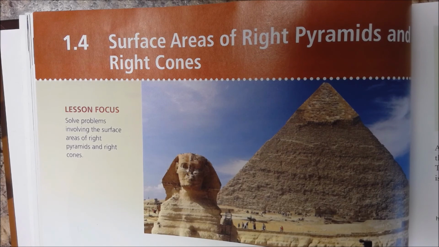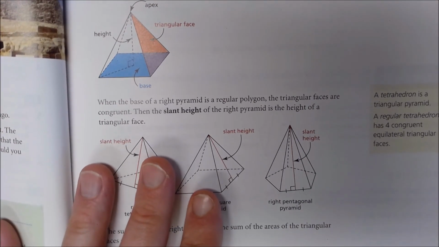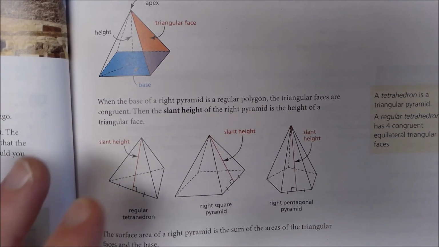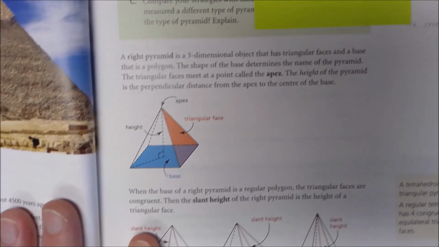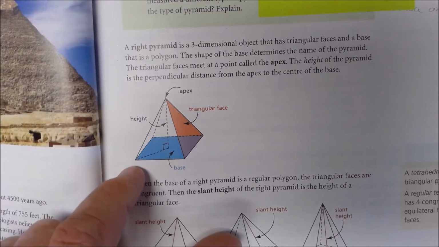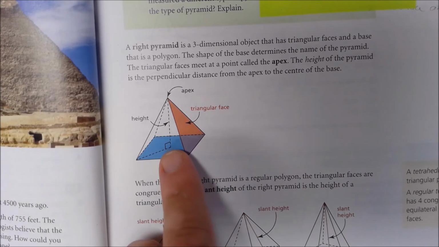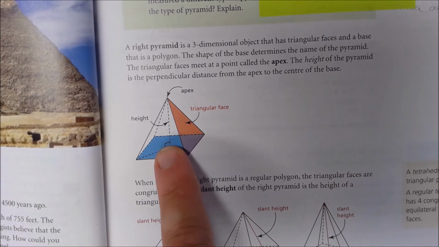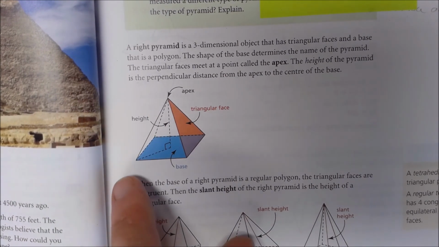All right, so let's begin with the right pyramid. Looking at these three pictures, let's start here. This one is a right pyramid based on a square, and the reason why we call it a right pyramid is because in the middle of the pyramid going straight up we have a right angle.